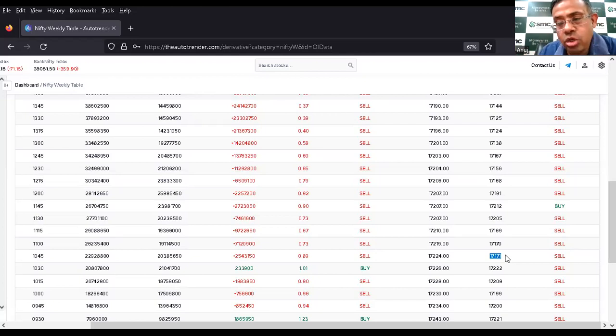That combination is known as close to money. So whenever you are trading on Friday, Monday and Tuesday, you have the liberty to choose any strike price from the close to money bracket. And if you are trading on Wednesday or Thursday, specifically on Thursday, you have to compulsorily take at the money or near to at the money strike price.